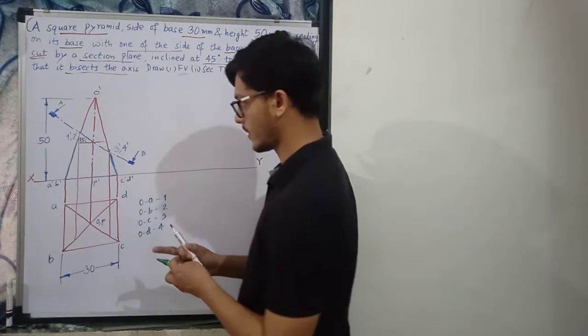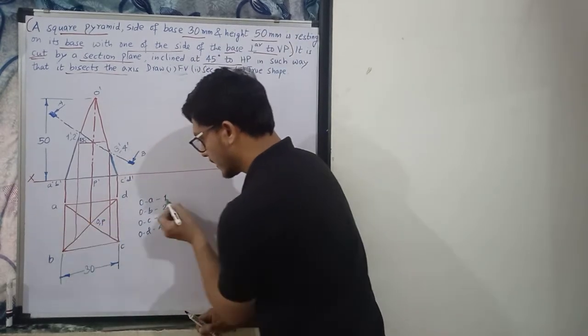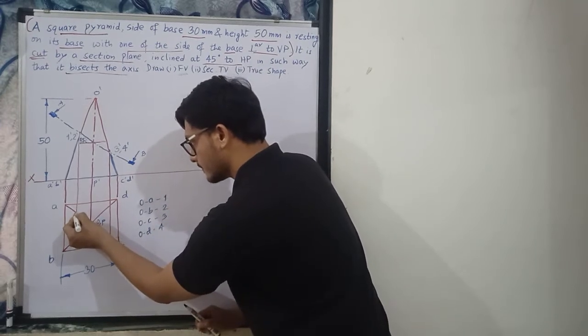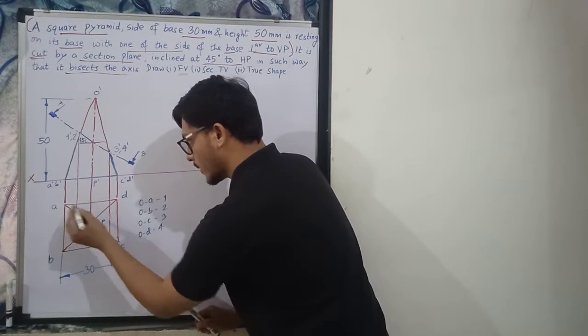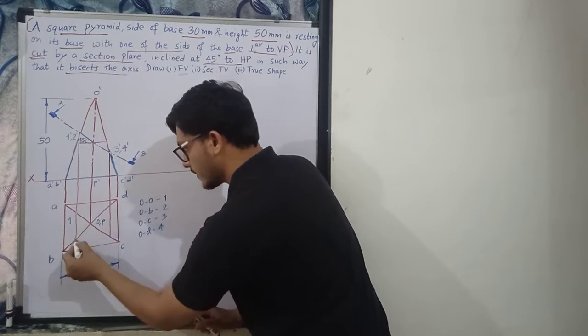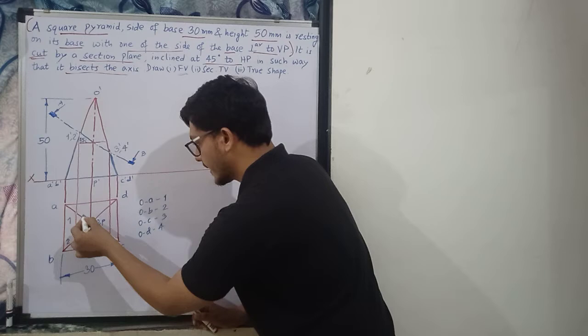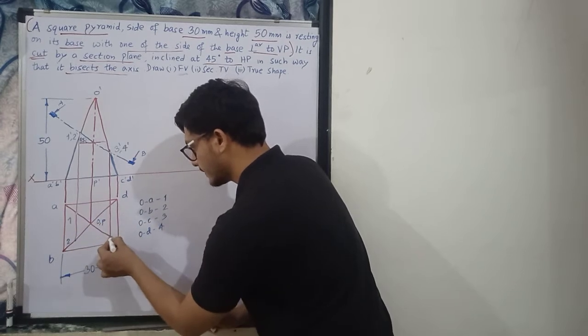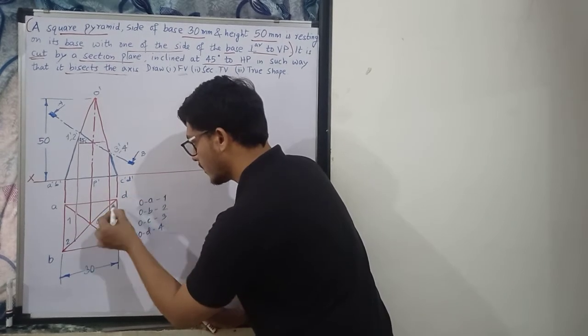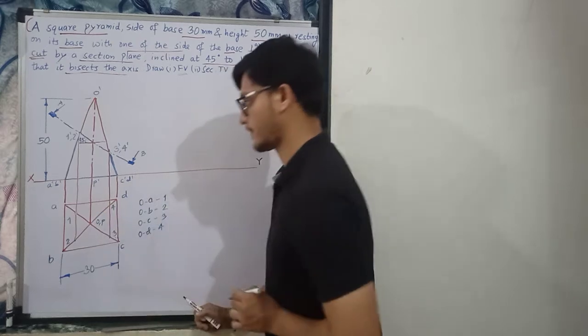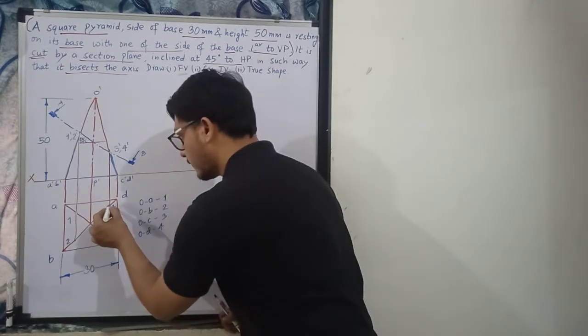Now give the naming. OA को कट किया तो it will be 1. This point will be 1 on OA. OB को कट किया तो this will be 2. OC को कट किया है so this will be 3. And OD को कट किया so it will be 4. So I have got 4 points.